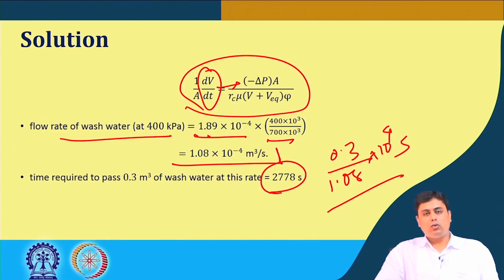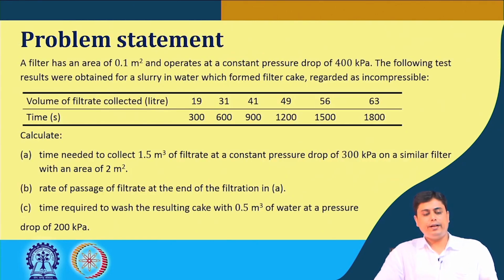Let's quickly go through another problem of similar style, and see whether you can quickly solve it. The problem says that a filter area of 0.1 meter square operates at a constant pressure drop of 400 kilopascal.